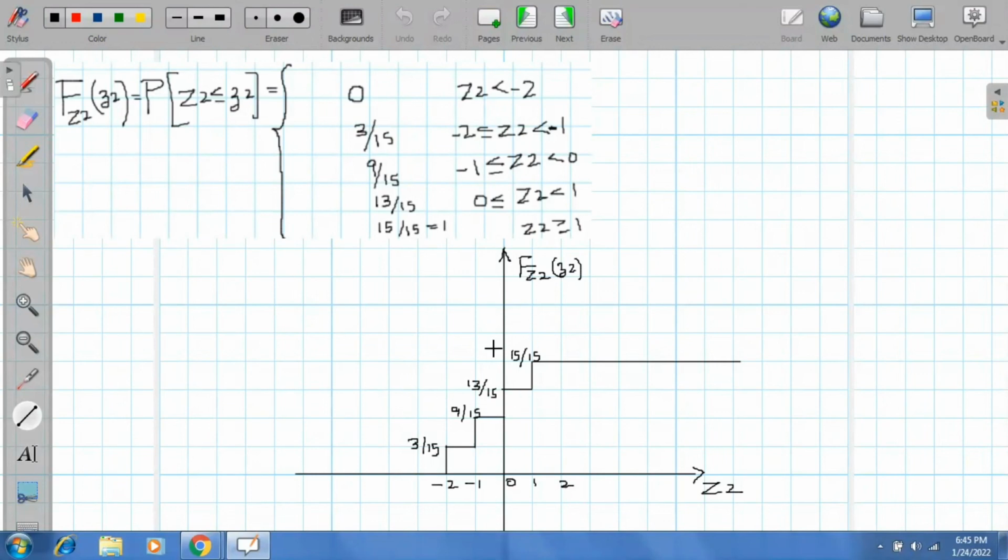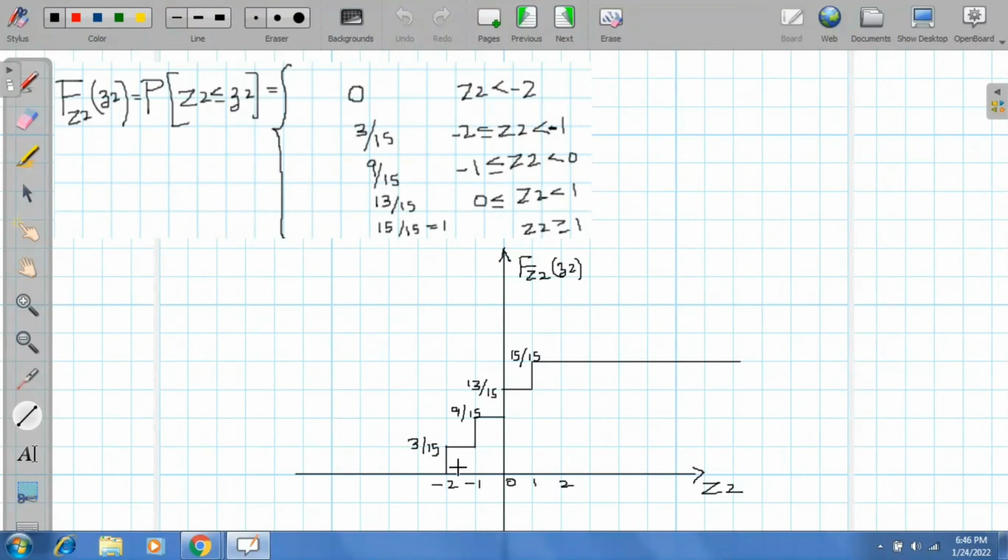Now we can easily calculate the p.m.f of Z2 from this CDF diagram. How can we calculate? We know that the CDF of a discrete random variable will be a step diagram. So here we can see there are steps in this diagram. We also know that the non-zero probability of a discrete random variable is equal to the size of the step in the CDF.